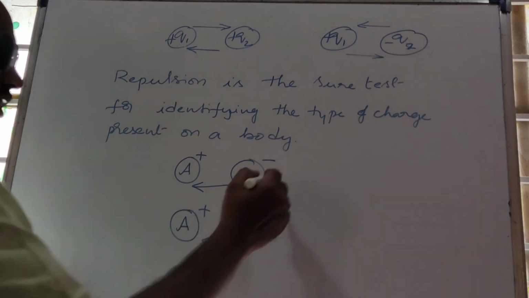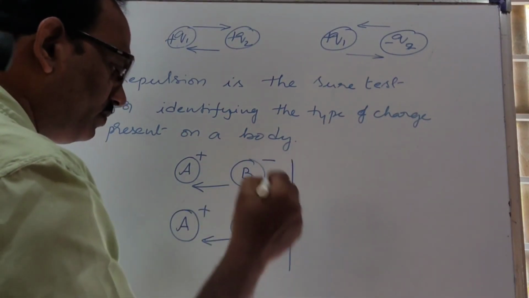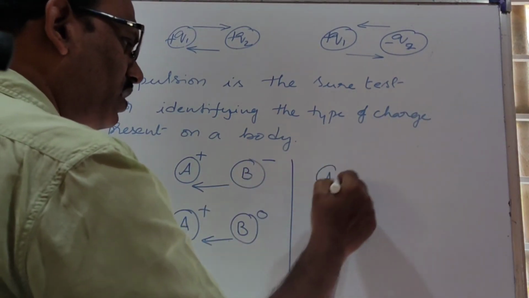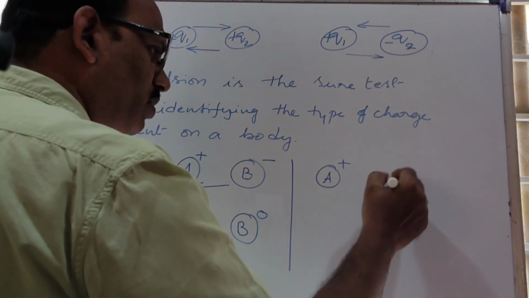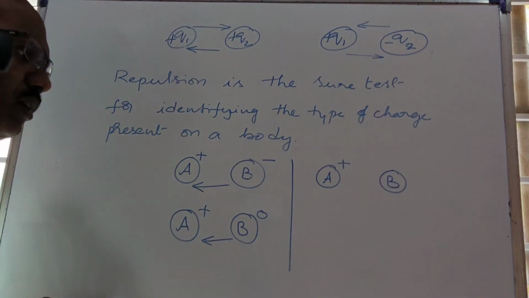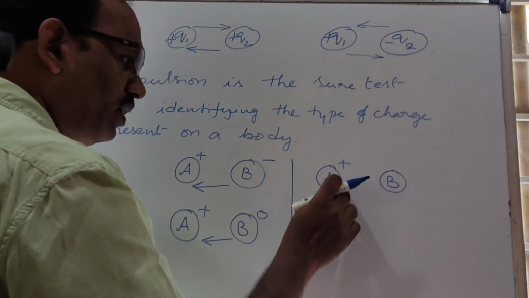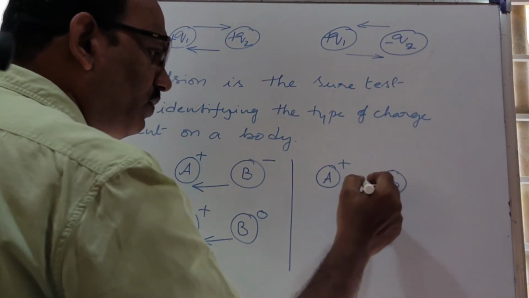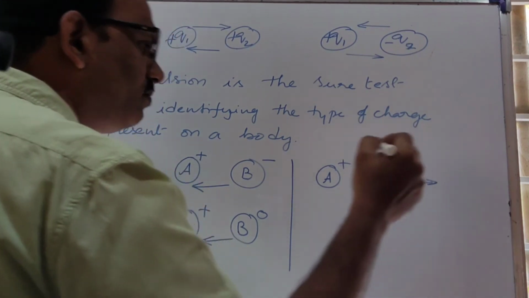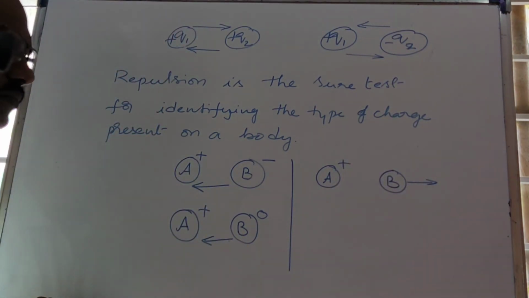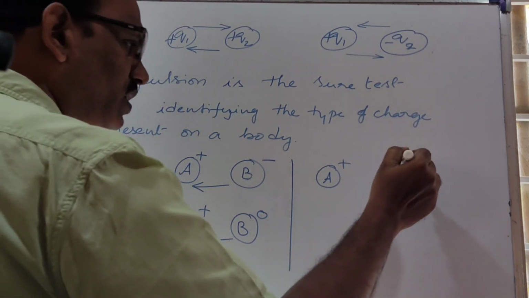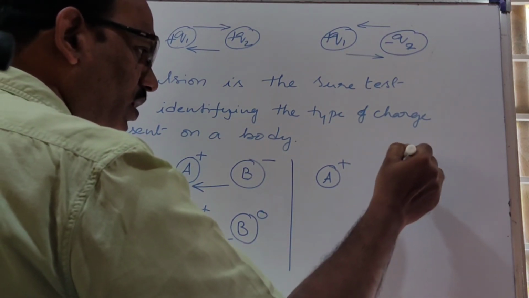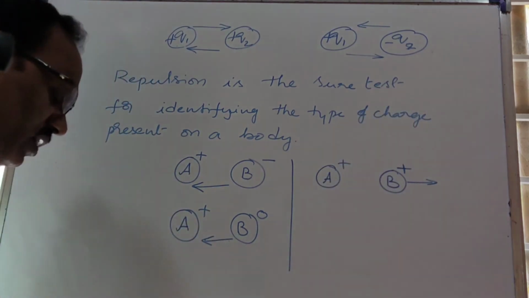Whereas coming to the case of repulsion, the first body is positively charged and the second body, if we place it near to the first body, if it gets repelled, then we can surely say that the body is positively charged.